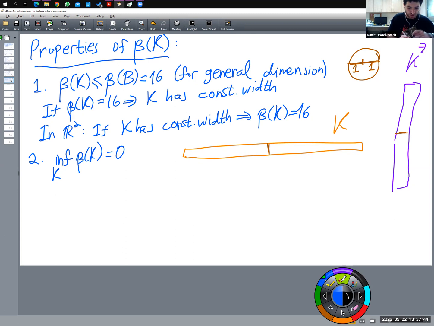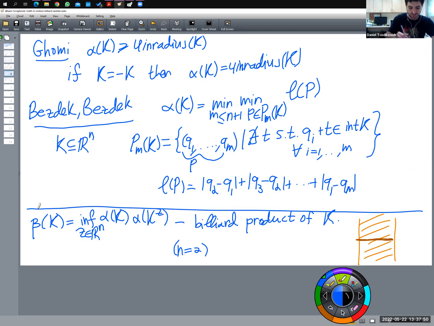And another thing that we can ask is what is the point which minimizes, for which you have an infimum here.